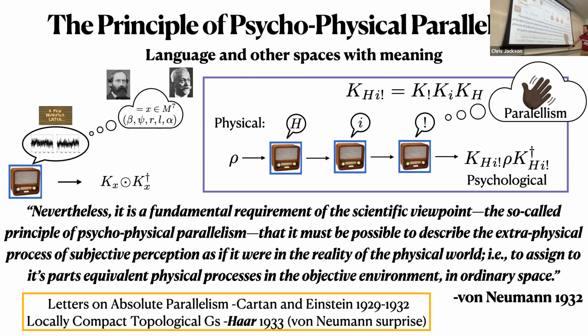Yeah, so I told you guys a little bit about the famous von Neumann surprise of 1933. And Cartan and Einstein spoke between '29 and '32 about what they were calling parallelism. It's amazing that the sphere has this notion of go east, and there are fantastic mathematical implications of that. But this conversation goes very deep into how even general relativity has spacetimes with parallelism.